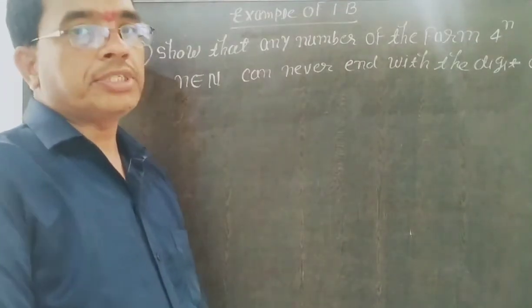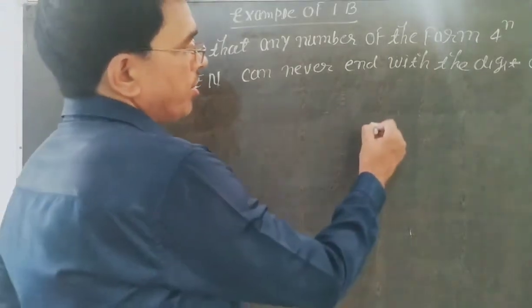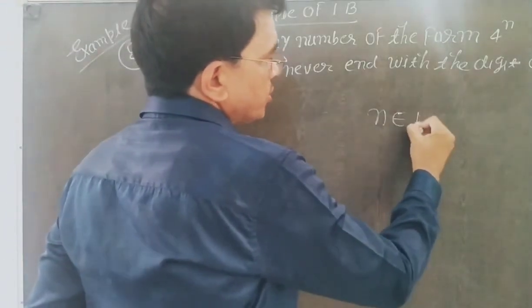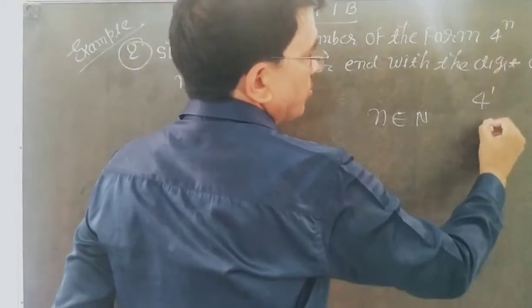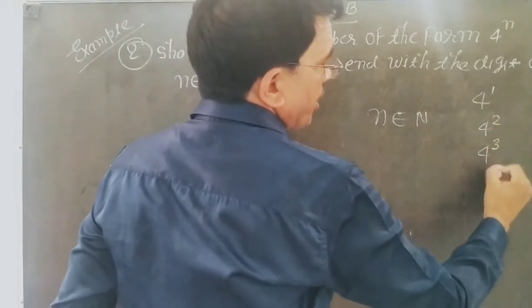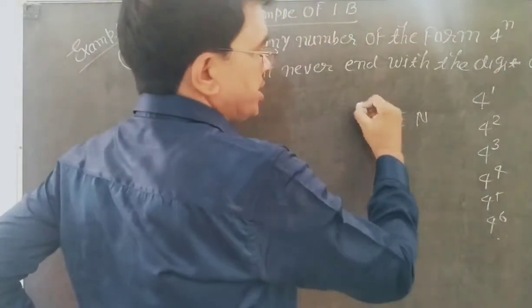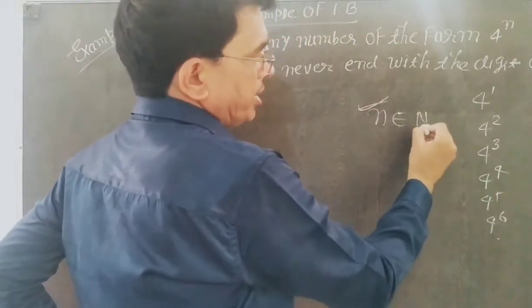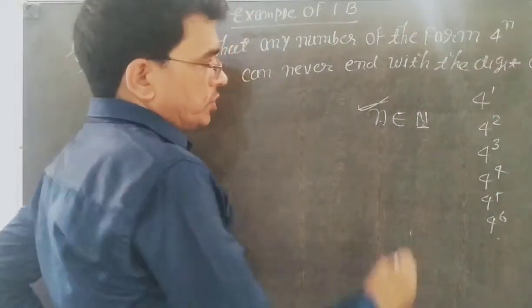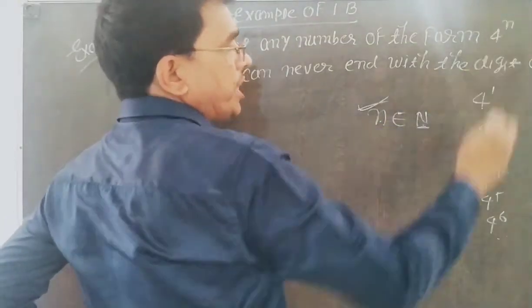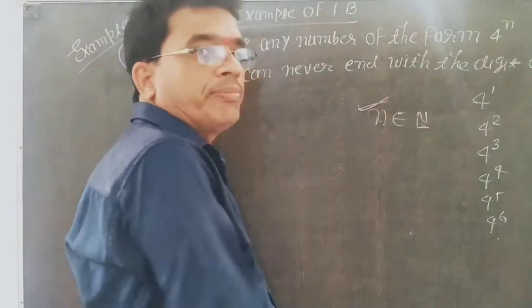First, understand what the question asks. Here there is a symbol, n belongs to N. That means the power of 4 is 1, 2, 3, 4, 5, 6, etc. This N denotes the natural numbers and this n denotes the power of 4. So your question is, the power of 4 is always a natural number. Belongs to means member of the natural numbers.